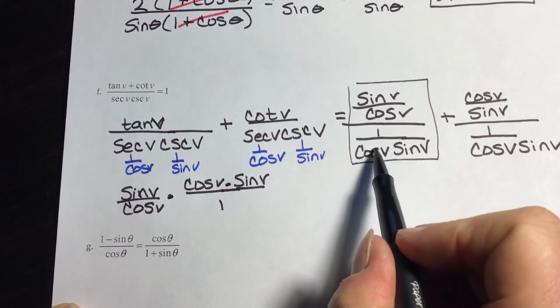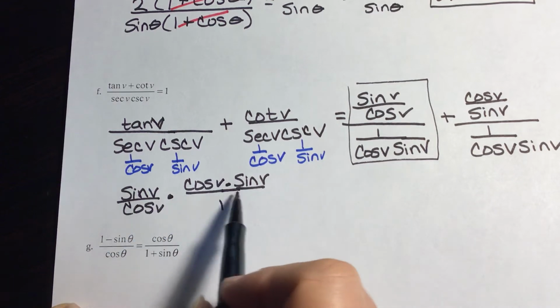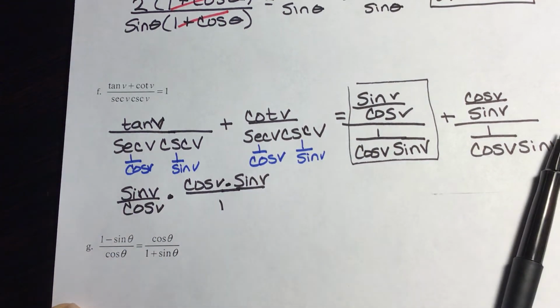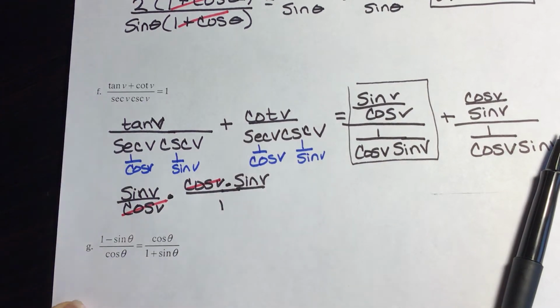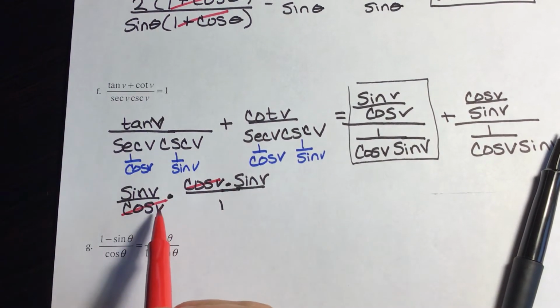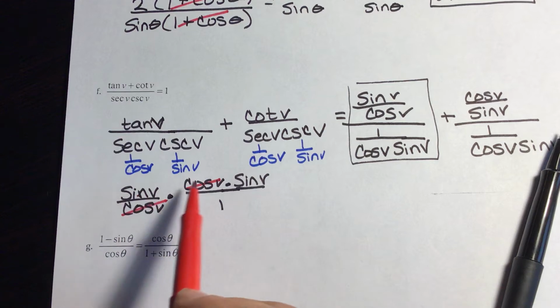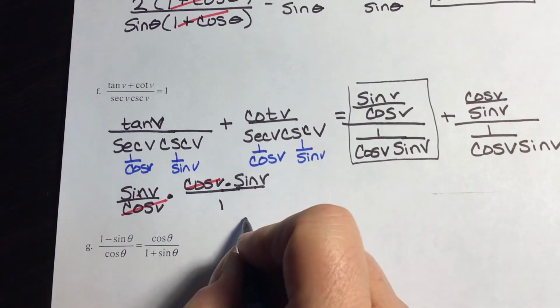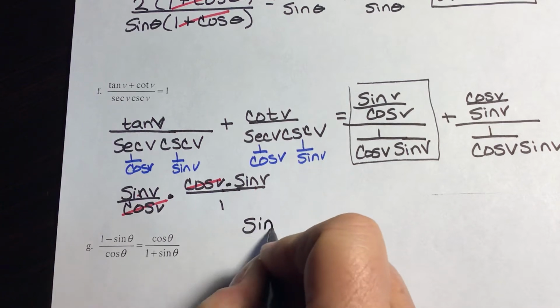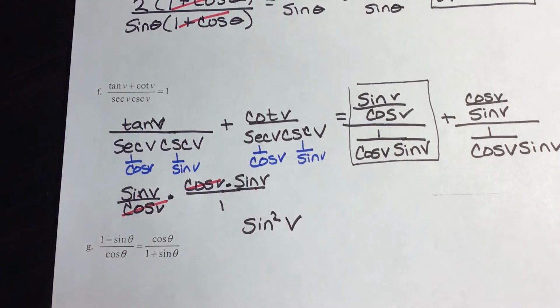So I just flip this over, and now we're multiplying. But I do have some factors that can cancel. And here I'm just left with sine squared of v. So this is sine squared of v.